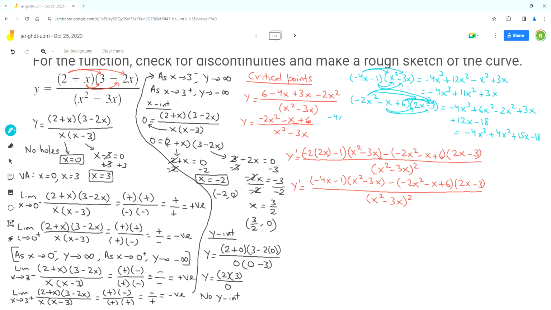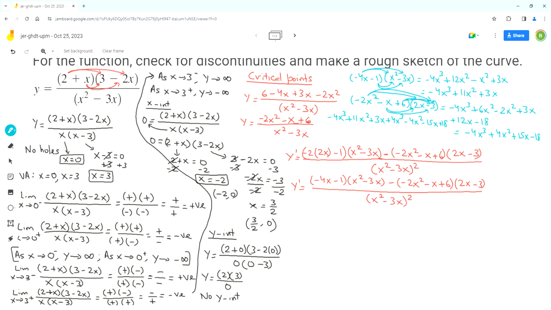So it will be -4x³ plus 11x² plus 3x, and then when we subtract, the sign of the terms in the second expression will change. So we get plus 4x³ minus 4x² minus 15x plus 18.